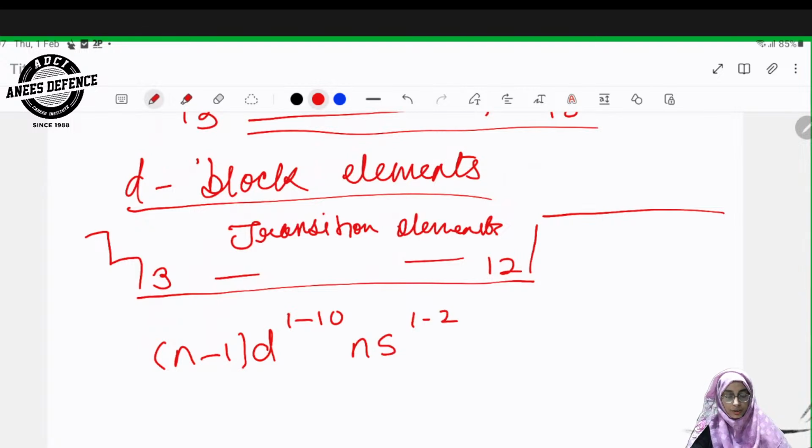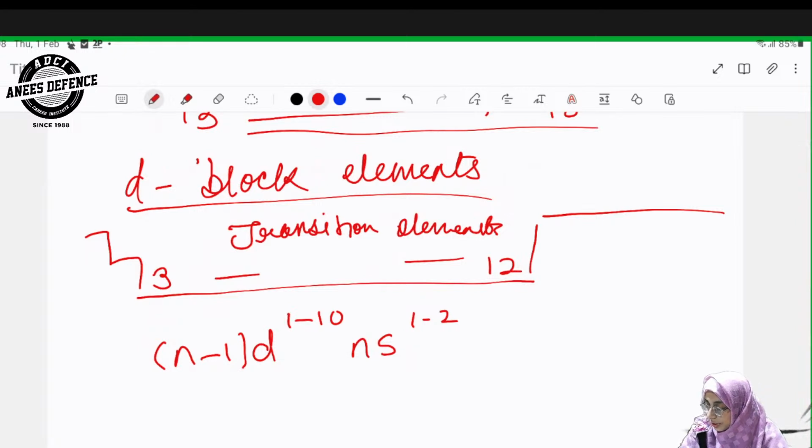You can take an example of any d block element, for example scandium. So (n-1)d^1-10 ns^1-2 is the general configuration of the d block elements.